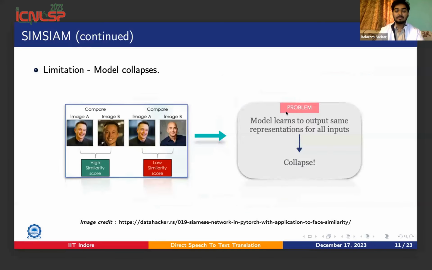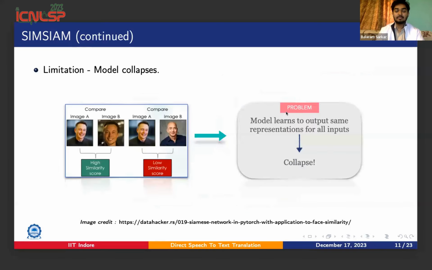One limitation it has is that the model learns to output the same representation for all inputs. This is what's called the model collapsing. When this happens, there is a small component in this system, the stop gradient.